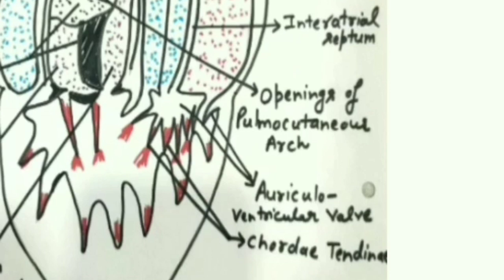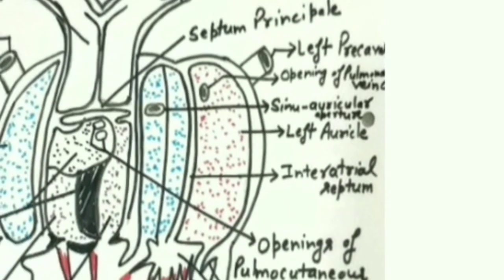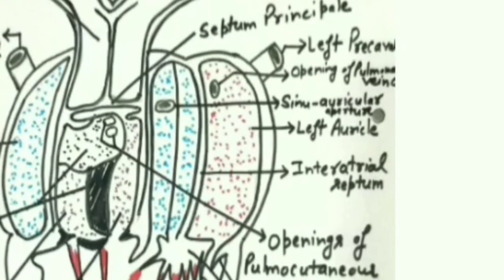So remember, auricles have a smooth surface and less muscle in their wall because they have to supply blood just to the ventricle situated below them, but the ventricle has a thick muscular wall with columnae carneae and chordae tendineae. Chordae tendineae are the cords which provide support to the auriculoventricular valve over there. Got it? Now the other accessory chamber, the second one, I told you, sinus venosus, which is present on the dorsal side.